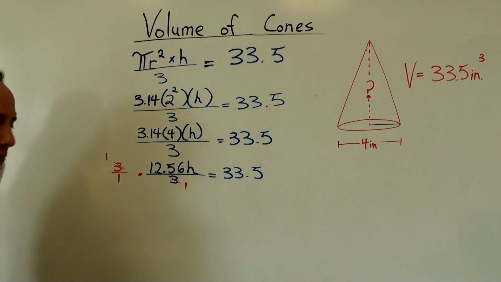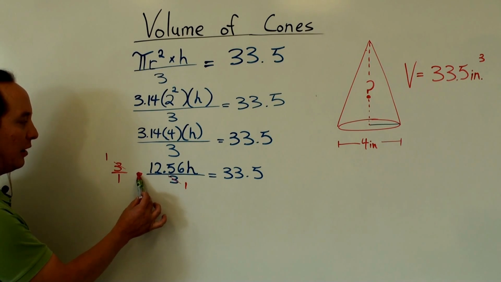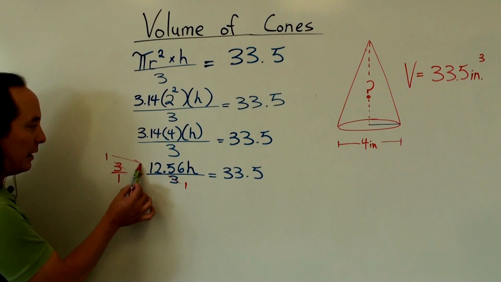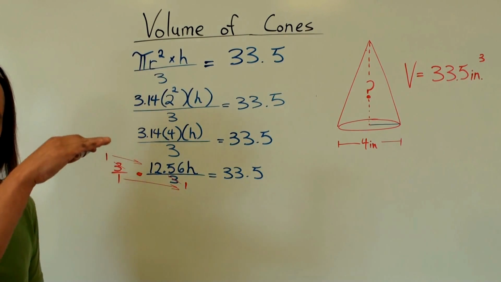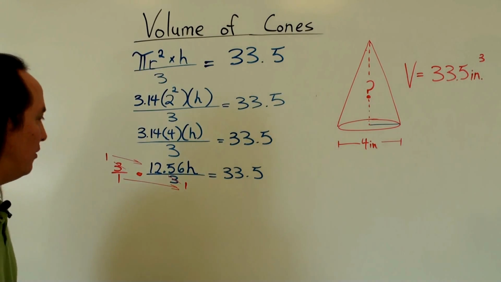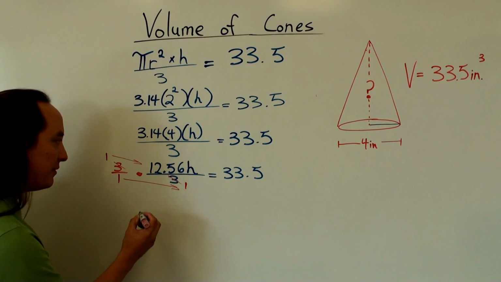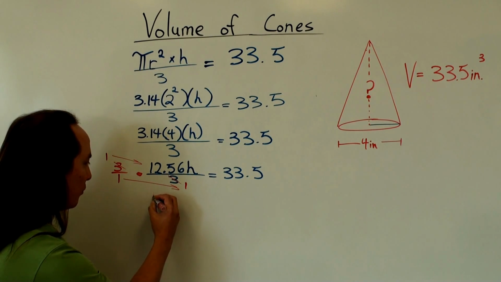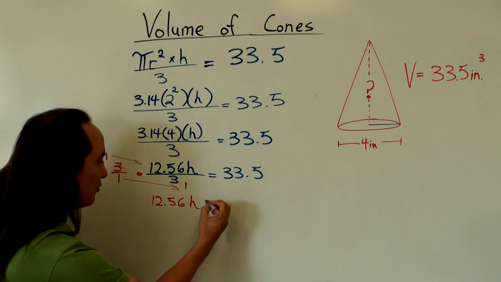Now in multiplication of fractions, because that's what I have here, a fraction times a fraction, this point means multiplication. It's just 1 times 12.56h and 1 times 1, and the numerators stay in the numerators and the denominators stay in the denominators. No cross multiplying, none of that. So 1 times 12.56h is 12.56h.